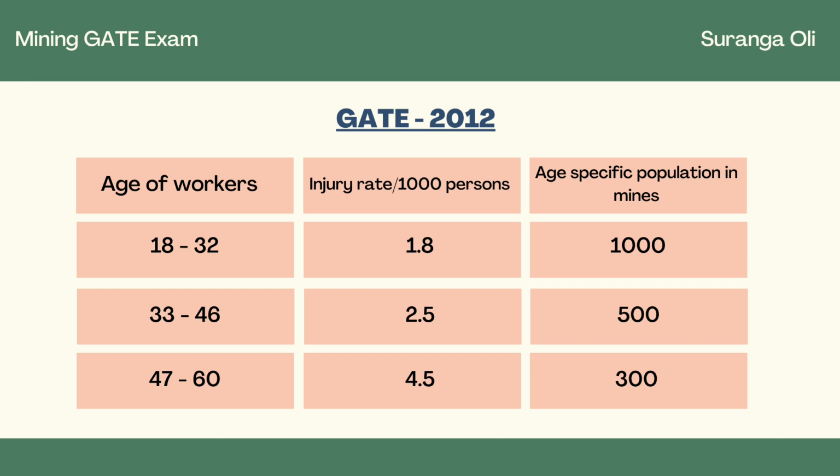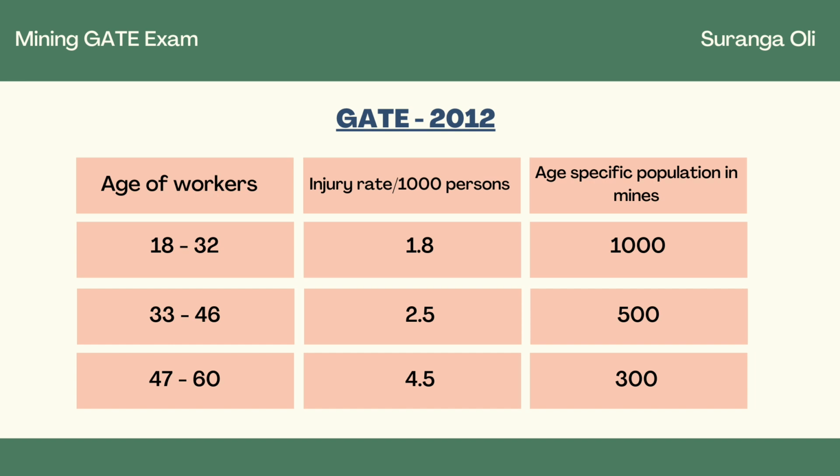The persons belonging to 18 to 32 years, the injury rate is 1.8 for every 1000 persons employed. And in that age group, a total of 1000 persons are employed. Between the age group 33 and 46, the injury rate is 2.5 per every 1000 persons, and 500 persons are employed in this age group.